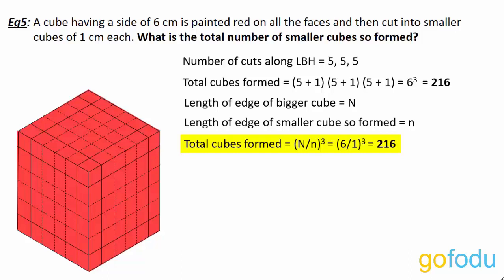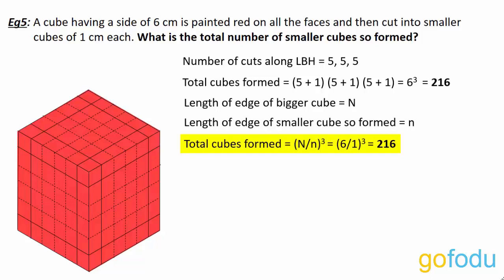In this case it will be (6 by 1) whole cube, that is 6 cube, that is 216. If the side of the bigger cube is 6 cm and the smaller cube is 2 cm, then total cubes on one side will be 6 divided by 2, that is 3. 3 cubes on length, 3 on breadth and 3 along height. That makes a total of 3 into 3 into 3, 27 cubes.